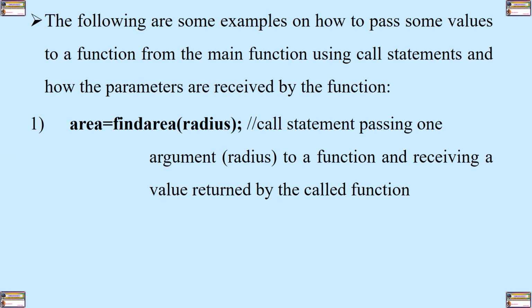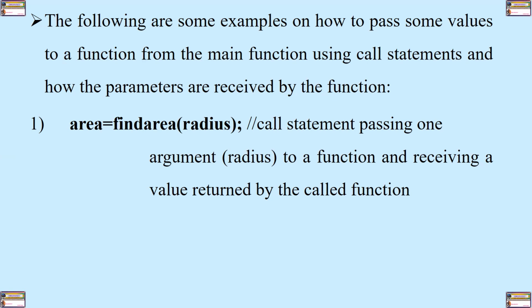Remember, the name of the function represents the value to be returned. So the value that will be returned by the function called find area will be called find area. That value, that the function will return, is going to be assigned to the variable called area.